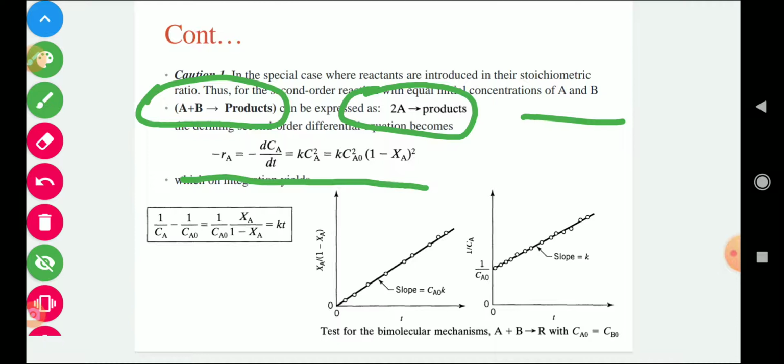Again, if we integrate these equations, this is our final expression.